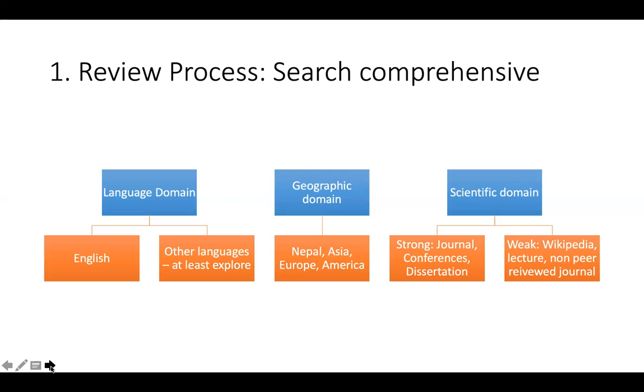But if you are doing research on a topic that is rare, that does not have much background or many publications in these strong sources, then you can check other sources as well. But again, be very critical about the source of the information that you are using. Always critically analyze the quality, and then based on that, judge whether or not you want to use it.